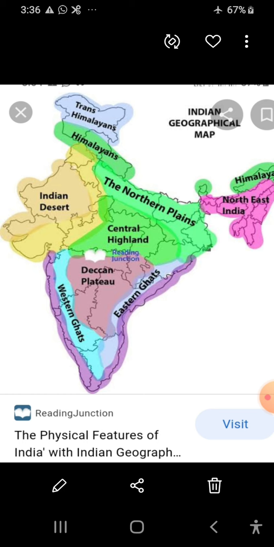With this, we have learned about the states and union territories of India. Dear students, our country, India, has a population over 1 billion people. In order to look after the citizens of the country and to run it smoothly, it has been divided into states and union territories, including the National Capital Territory of Delhi.